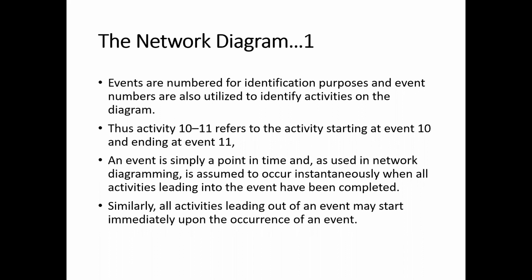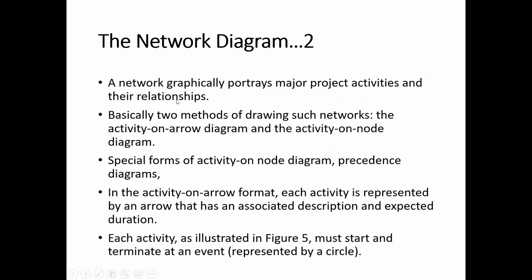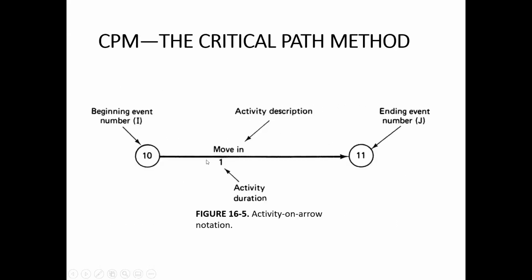There are 2 approaches for representing those activities. One is the activity on arrow network approach, and the other is the activity on node network approach. In this figure, can you see this figure?